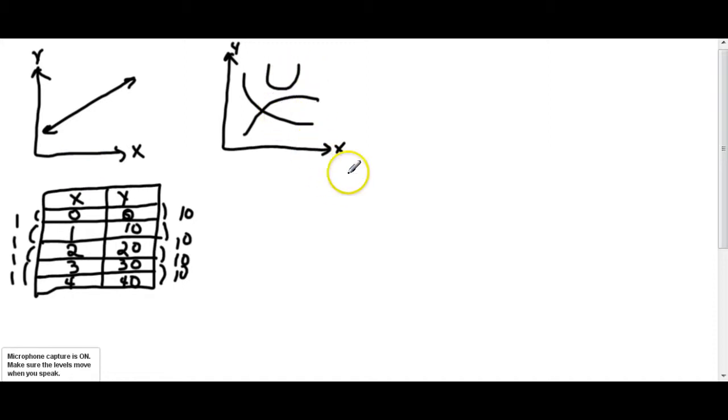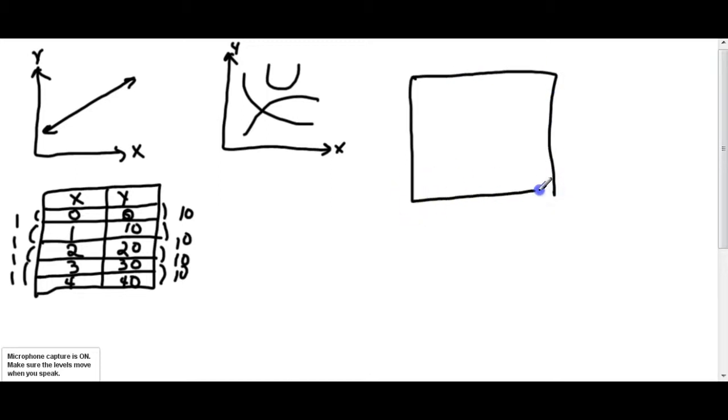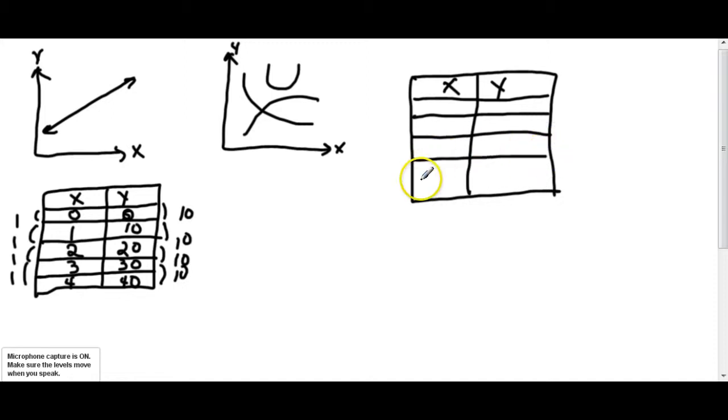In a nonlinear relation, if we were to have a table of values like this, and I have an x and a y, and let's say I have 0, 2, 4, 6, and 8. Notice how these all go up at a constant rate of 2.